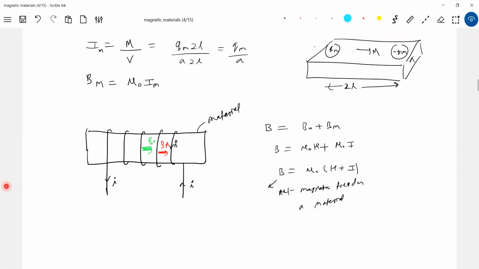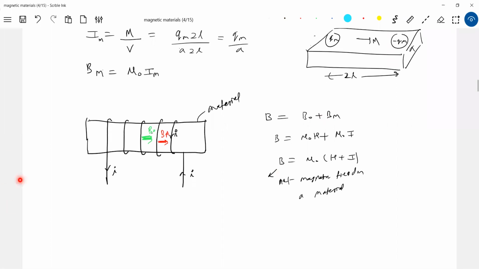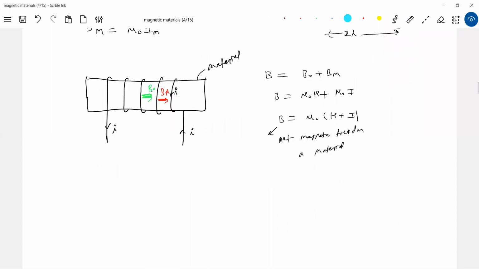Okay, now after this I got something different. So next I'll go for magnetic permeability, the fifth one. What is the magnetic permeability?